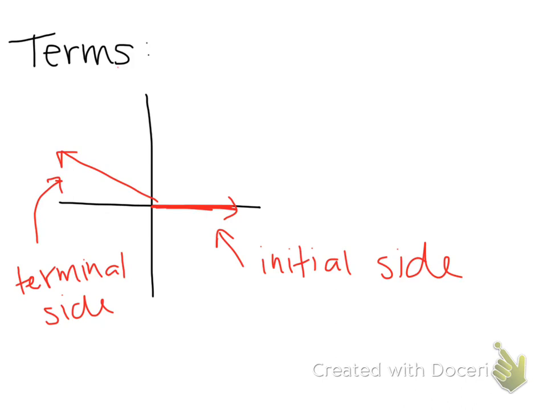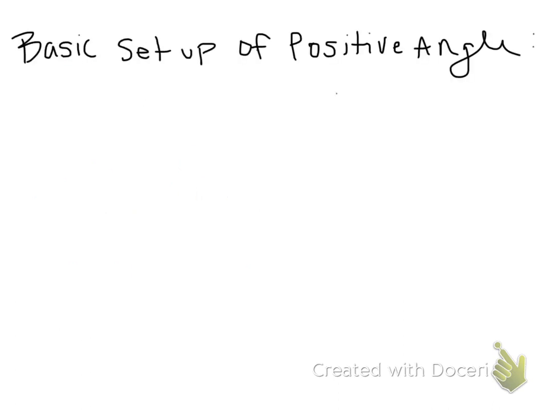And then the last part of it is, well, how did it travel? So the angle could travel in the positive direction, or the angle could travel in the negative direction. So you always have to do that part to indicate which way the angle traveled.